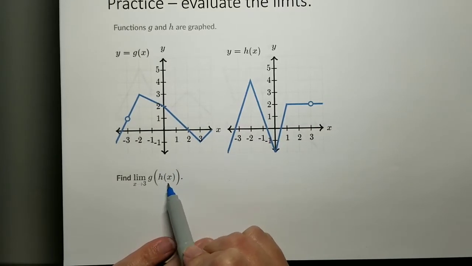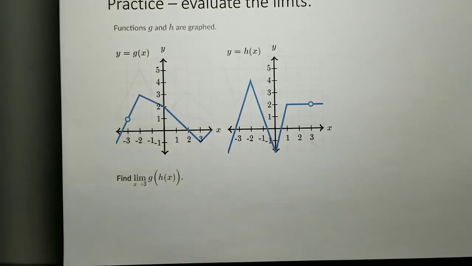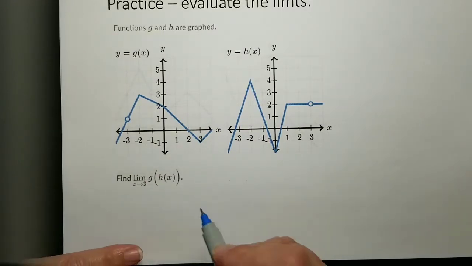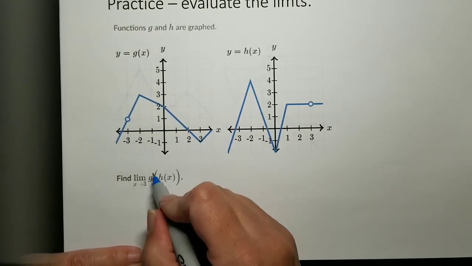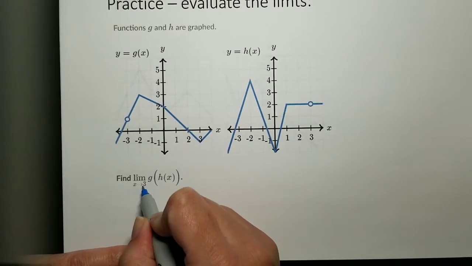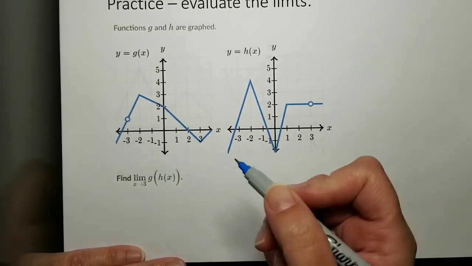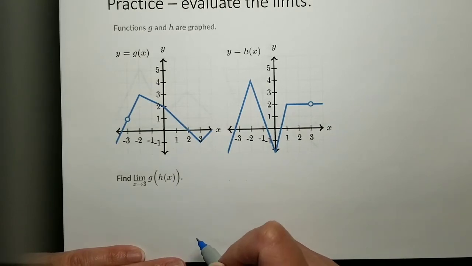So h of x is going to be my inner function, and then I'm going to evaluate the limit of g on that outer function. Okay, so we have to think what this would mean. We have to evaluate what's happening with the inner function as x approaches 3, and then that's going to be what the outer function is approaching.